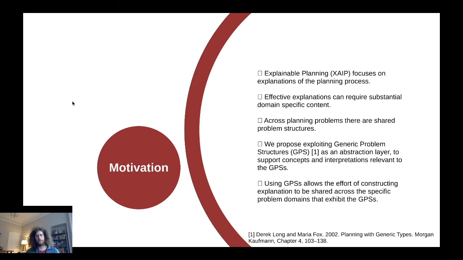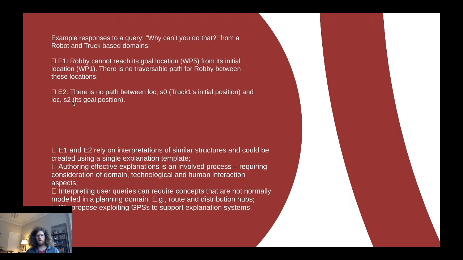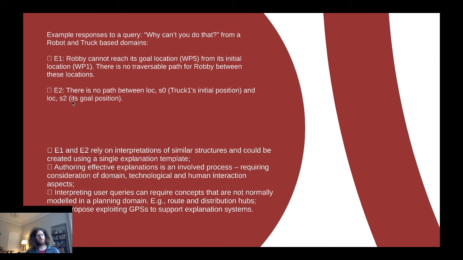And the idea in this work is that there's a lot of shared structure between planning problems, and it could be exploited in order to reduce the amount of content needing generated for each domain. So here's two examples.